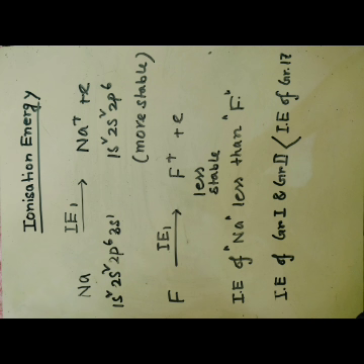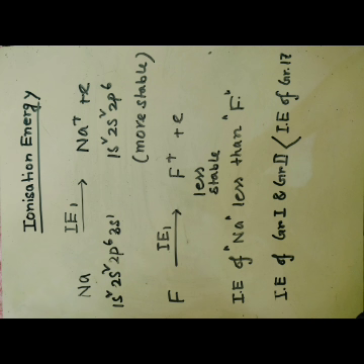That means after removal of 1, 2 or 3 electrons, they acquire a stable electronic configuration. So electron removal from this type of atom is very easy. Therefore, when you want to remove an electron from group 1 and group 2 metals, it is very easy.